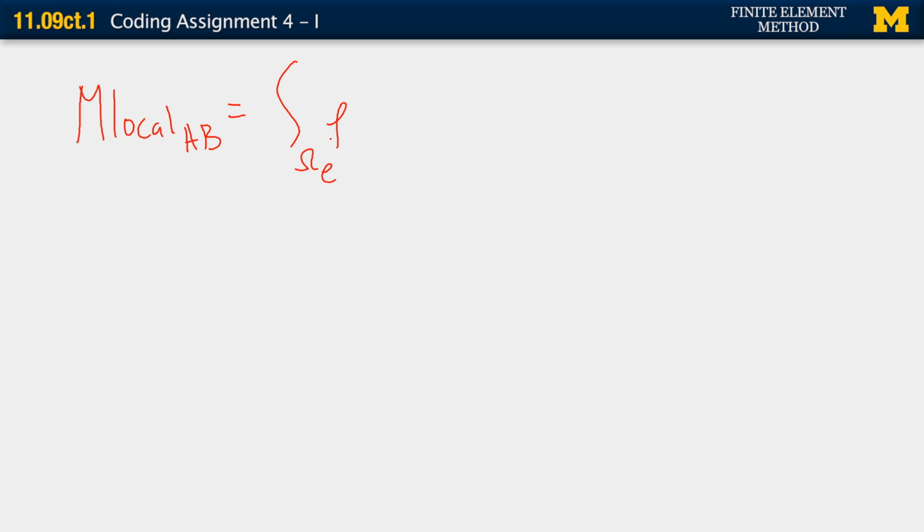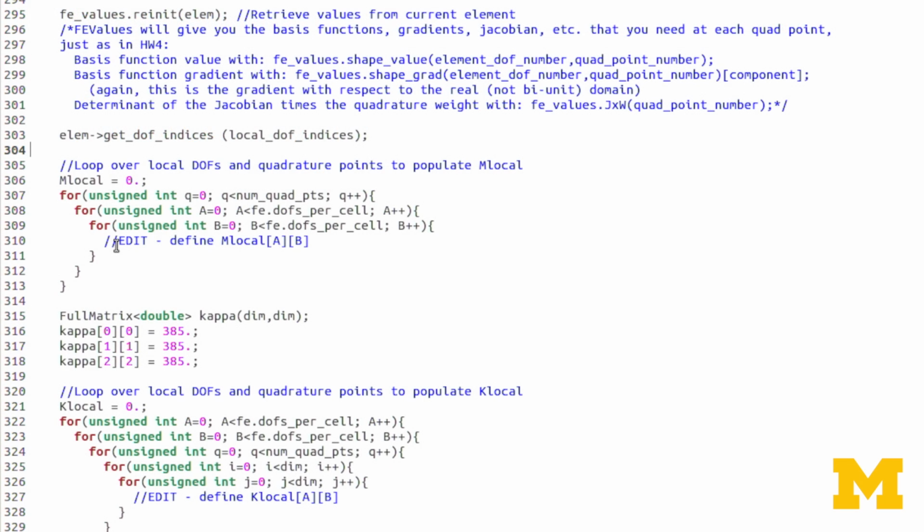Now potentially that could vary across the domain. For this homework problem we're keeping it as a constant, so I could pull that out of the integral. But then it's simply basis function a times basis function b integrated. Okay, so this is fairly straightforward, and from your experience doing k local and f local, this should be pretty simple for you. Okay, so you'll edit that there.